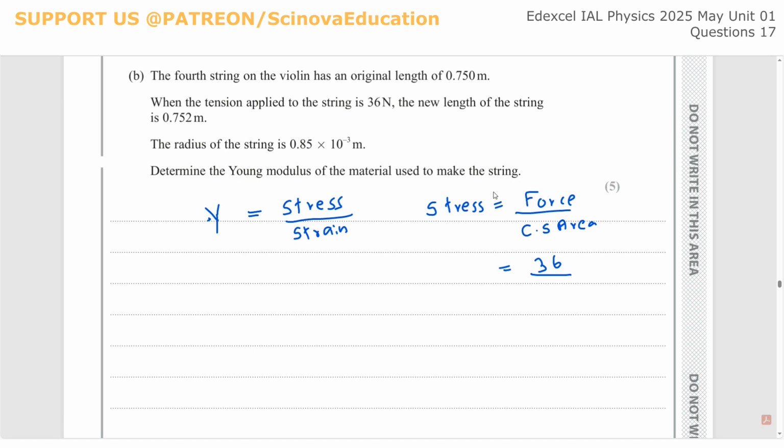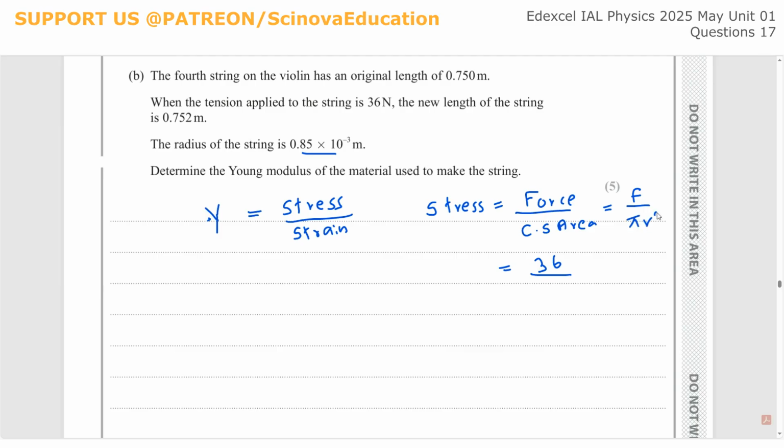They have not given us the cross-sectional area directly, but they have given us the radius. So we can calculate the cross-sectional area using pi r squared, since the cross-section of a string is circular.